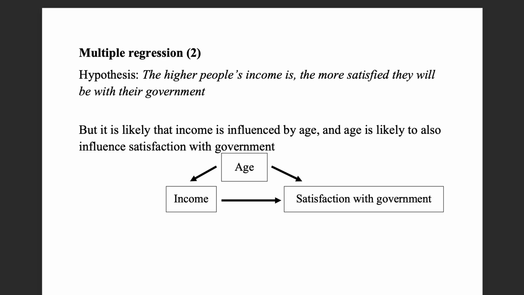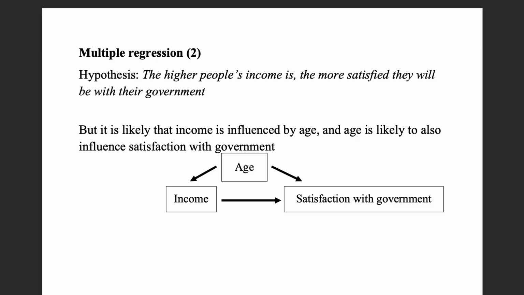So that might be a reason to think that as people get older, they also become more satisfied with their governments. So in theory, what we have here is a hypothetical confounding variable, age, because we can think of theories that tell us that it's likely that age has an effect on income, and we can also think of theories that tell us that it's likely that age has an effect on satisfaction with government.